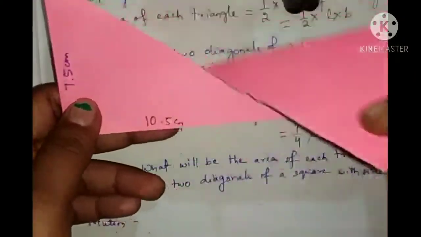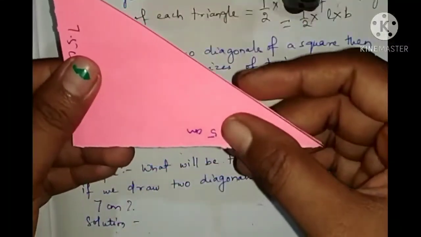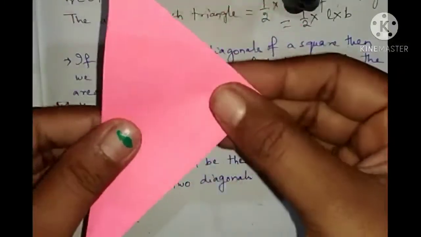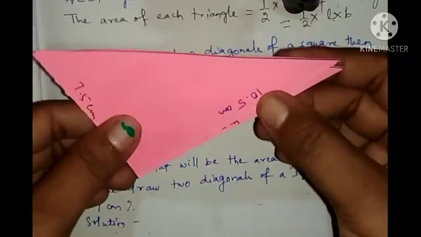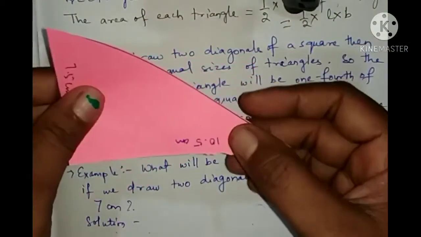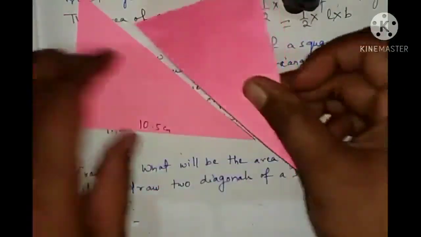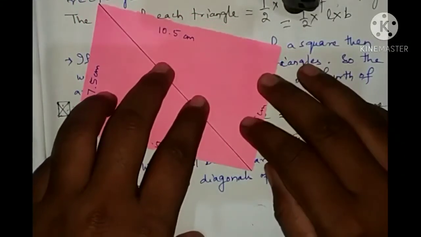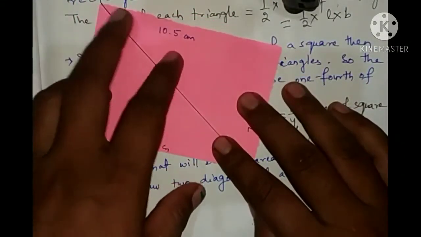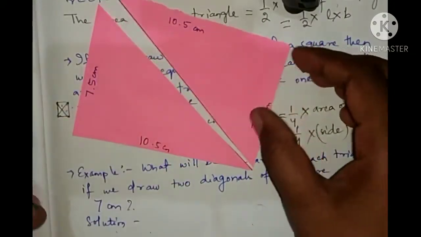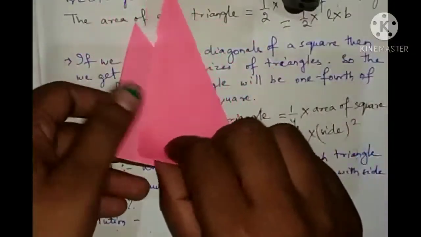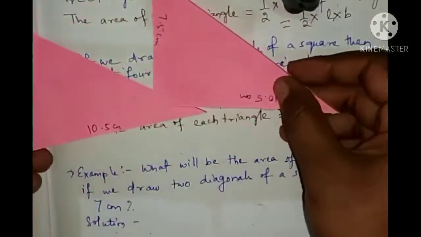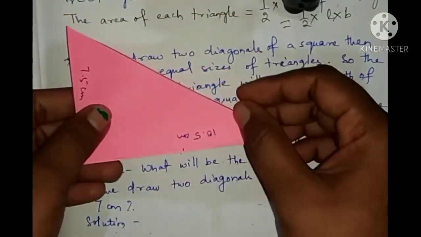If I put them like this, these two triangles are equal in area. So when we divide a rectangle by a diagonal, we get two equal-sized triangles, and we can find the area of this triangle.